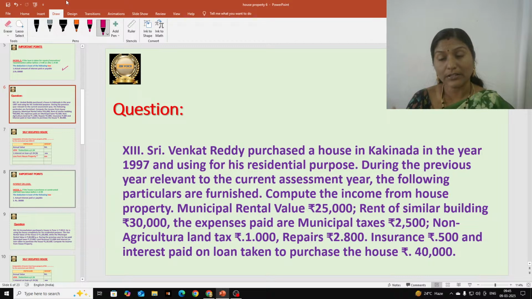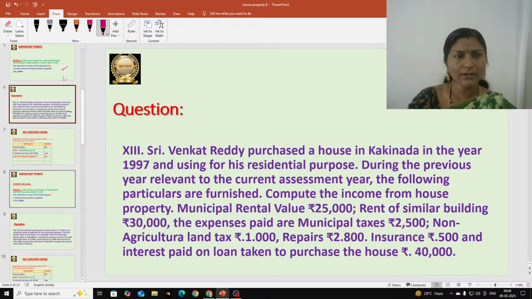Remember the format, the pro forma, that is very important, and record all the values. Wherever we need to follow some rules and regulations, you follow that. By following all the rules and regulations, you solve it. Then you will get the correct answer.